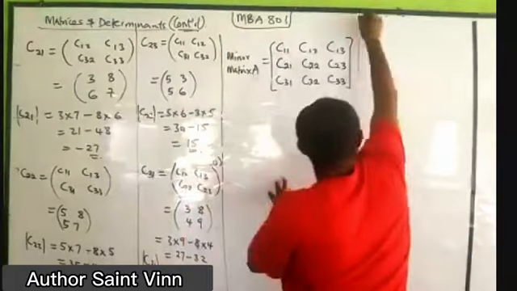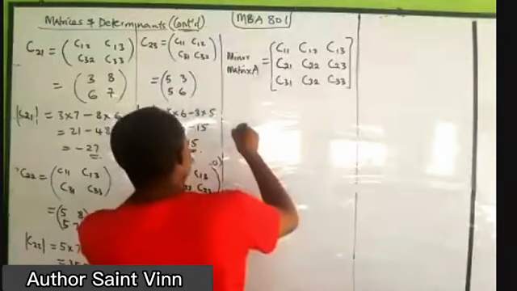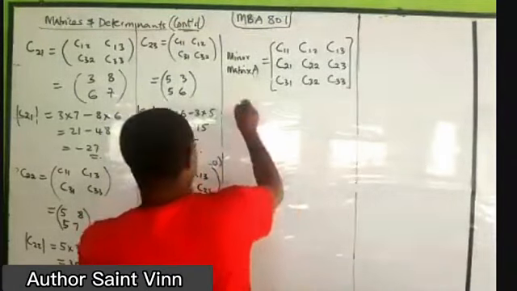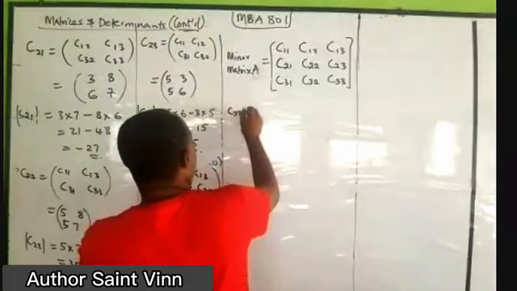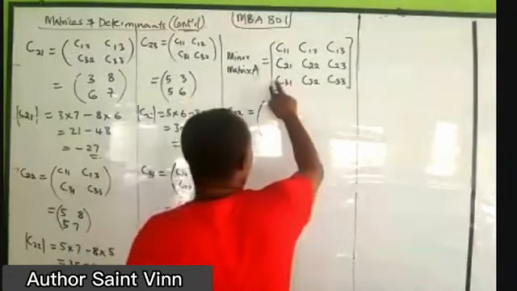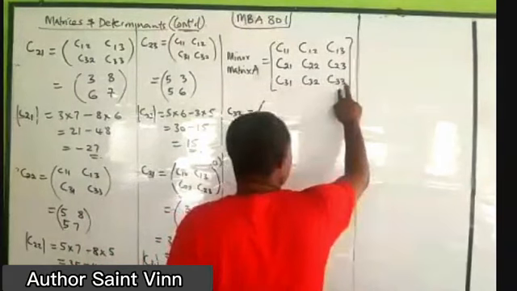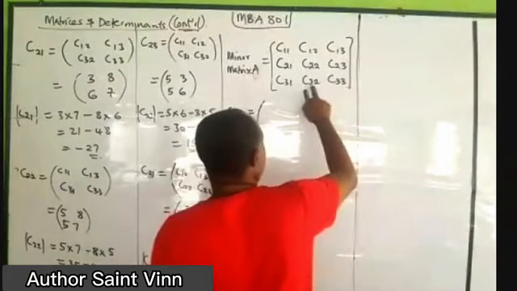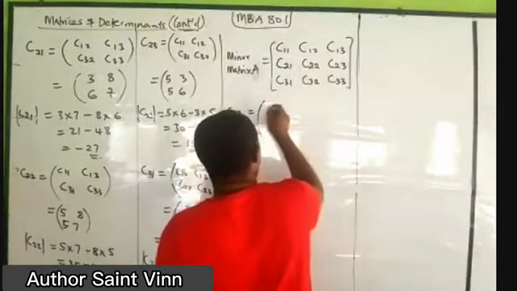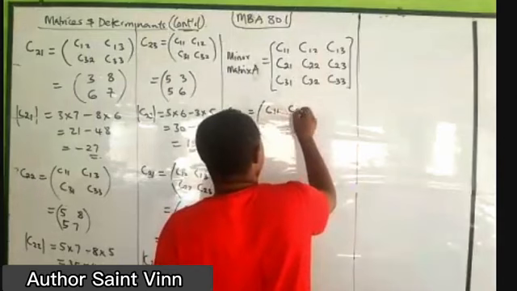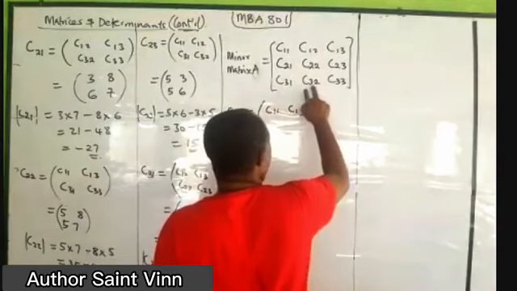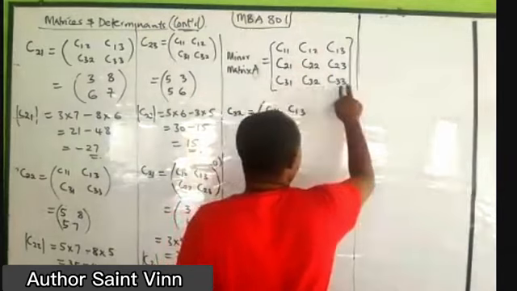C32. This is our row. Gone. This 3 2 is gone. We're left with C11, C13. This is what we're looking for. The whole of this row is going.